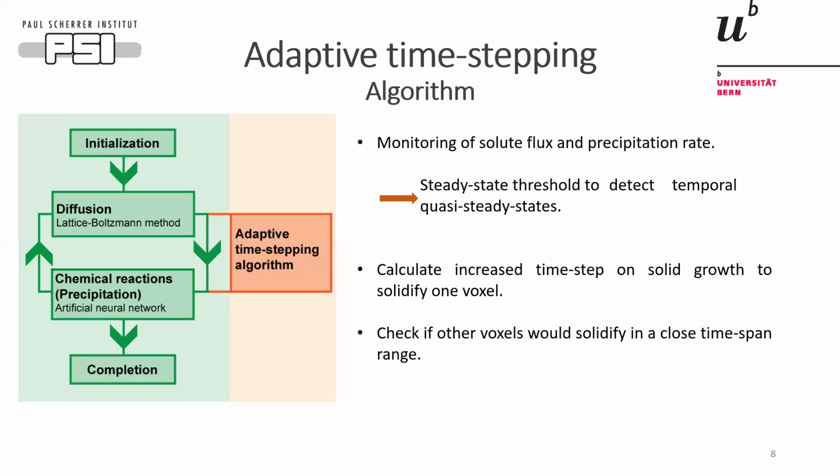For an acceleration step, the simulation of diffusion and precipitation stops. It is determined which voxel would theoretically solidify next, and then the required number of time steps to solidify this voxel is applied on the solid growth of every voxel according to their current precipitation rates.